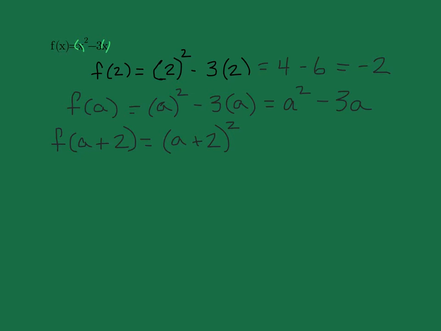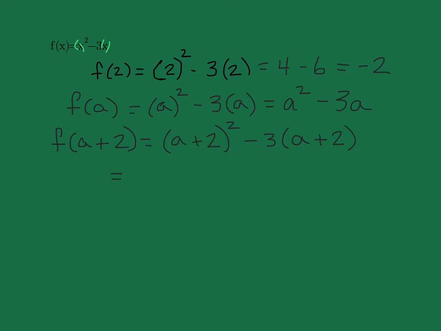So a plus 2, quantity squared, minus 3 times a plus 2. And when you are inputting a value that is more than one term, in this case a binomial, 2 terms, it is even more important to use parentheses.